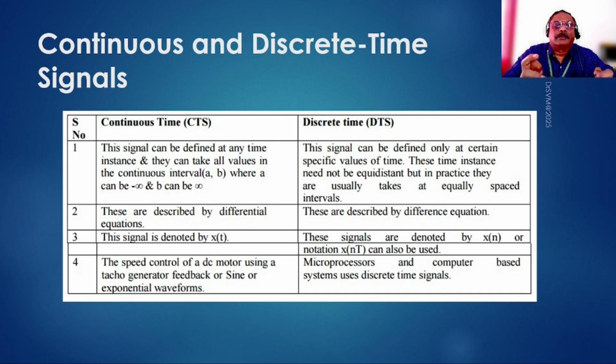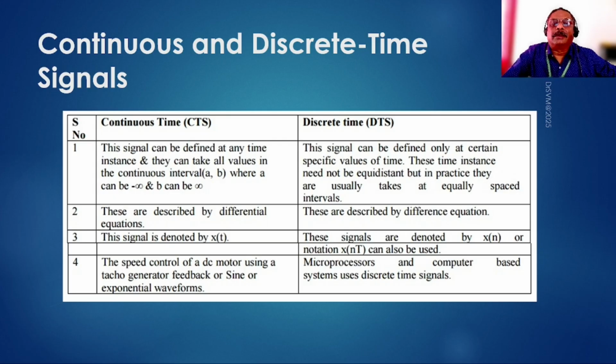That's what continuous domain is all about. And here when we are talking about continuous time, a can go to minus infinity, b can go to plus infinity. So we can cover the whole time from minus infinity to plus infinity, and if every instant has a value, then we call it a continuous time signal.